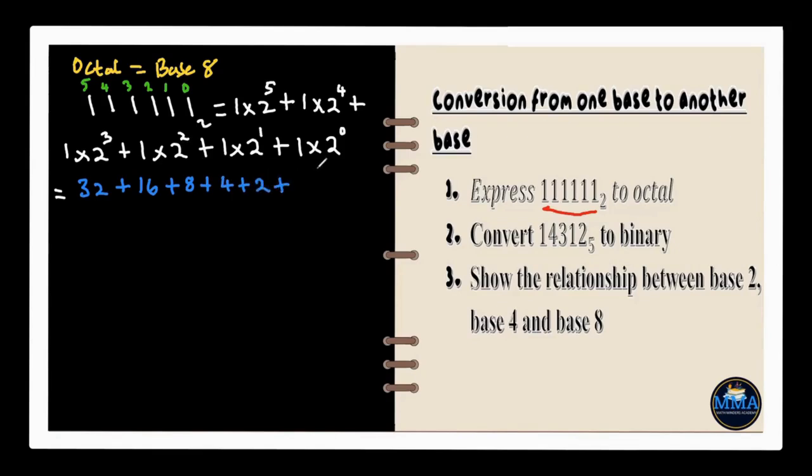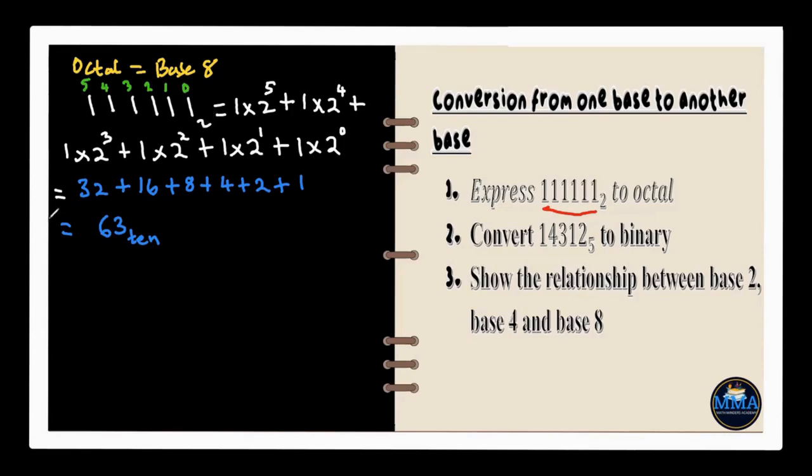And then 2 raised to power 0 is 1. So here we have 1 times 1, it gives us 1. If we add these up, 32 plus 16 gives us 48, then 56, 60, 62, 63. So when we convert 111111 base 2 to base 10, it gives us 63.